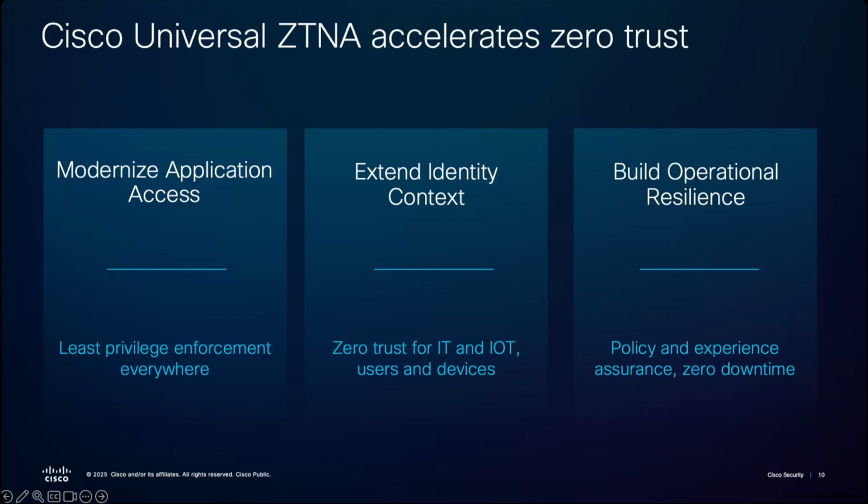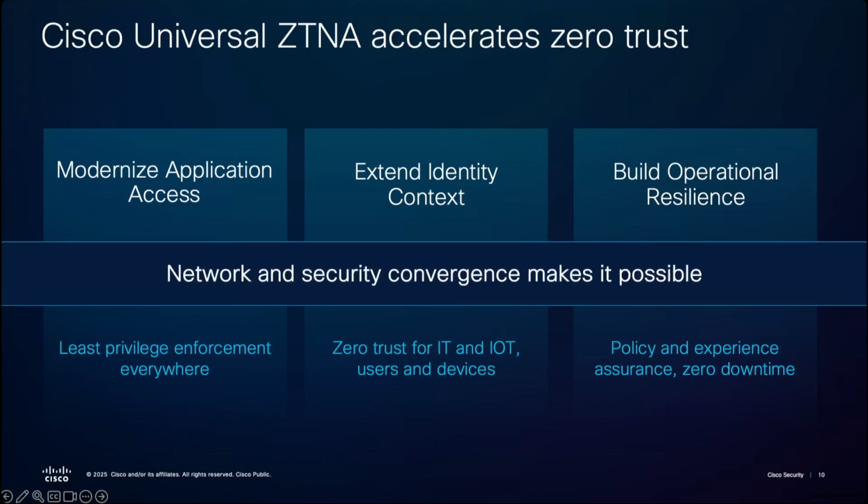It also provides things like policy testing, so that when you push a policy, you can be very confident and know what impact that policy will make, providing you with the highly available zero trust architecture that you have. And all of this is possible only with the convergence of networking and security that brings all of these outcomes to bear.